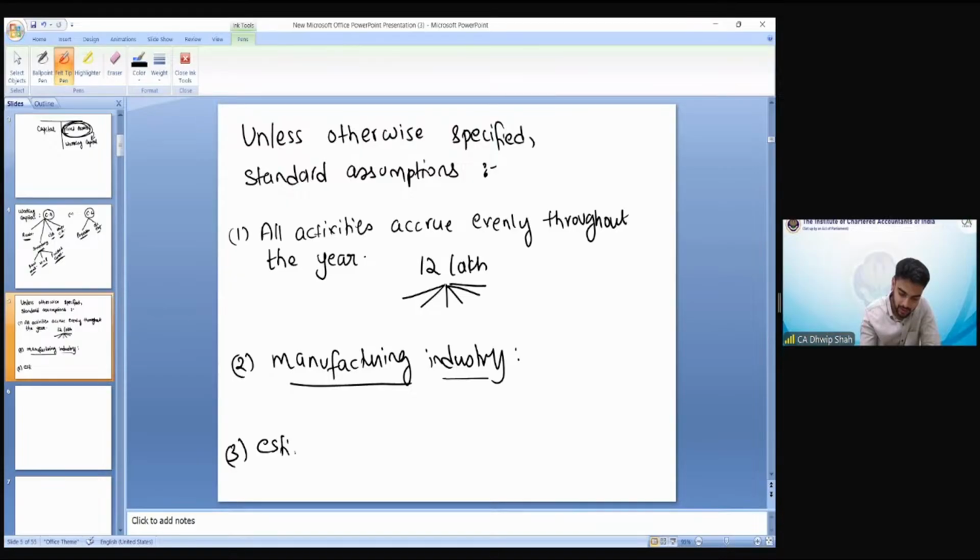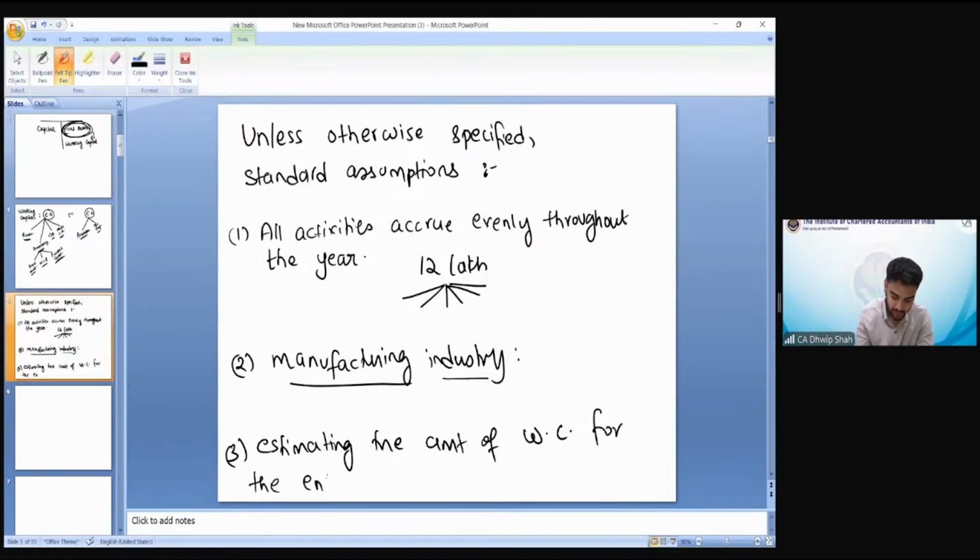So estimating the amount of working capital, which is denoted by WC in short form, for the entire next year. Means what would be our amount of working capital required in the coming 1 year? We would be calculating that.